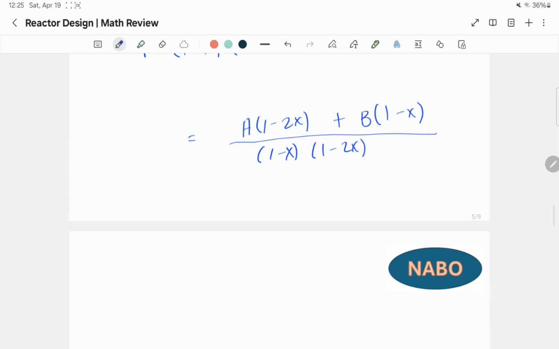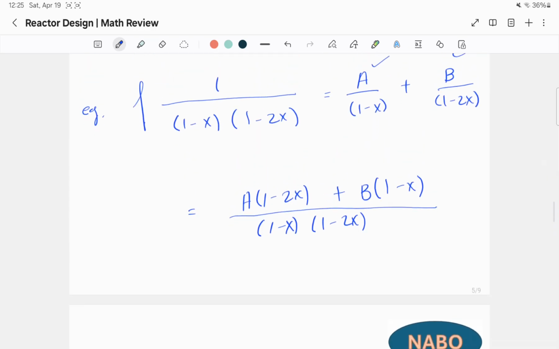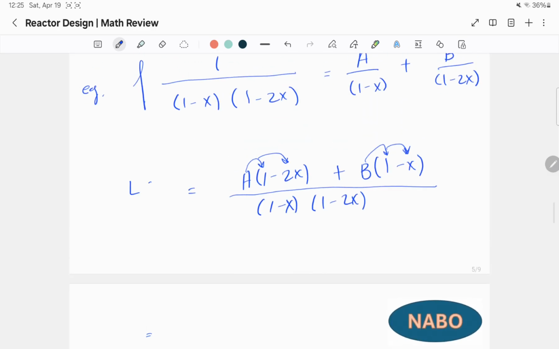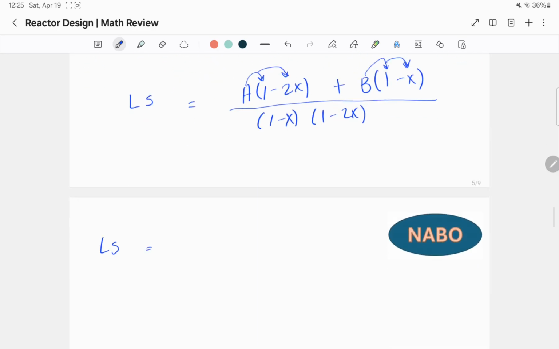Okay, we'll multiply out the variables inside the brackets for the next step, which will give us, this here is the left side, a numerator of A minus 2xA plus B minus xB over the denominator, which has not changed.